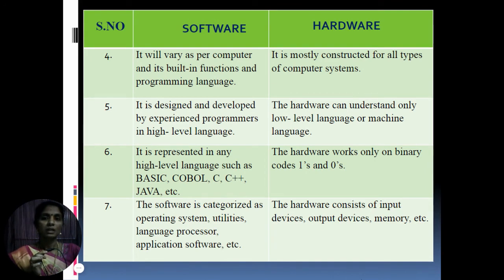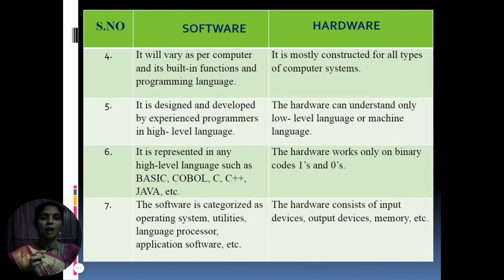Software is designed and developed by experienced programmers in any type of high-level language. The hardware can understand only low-level language or machine language. Software is represented in any high-level language such as BASIC, COBOL, C, CPP, Java, like that.